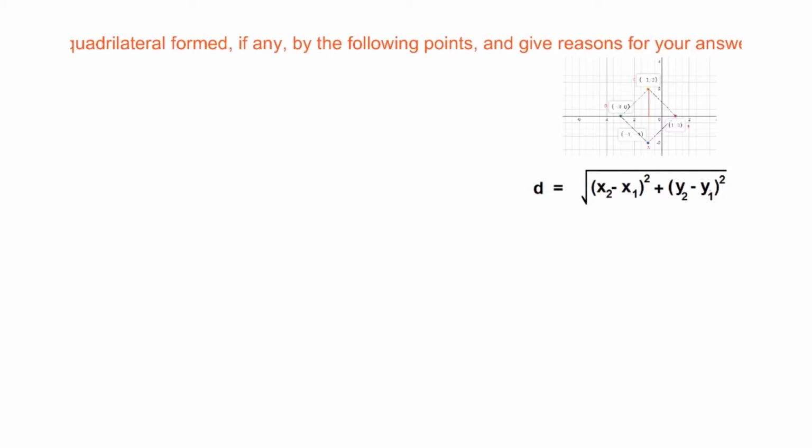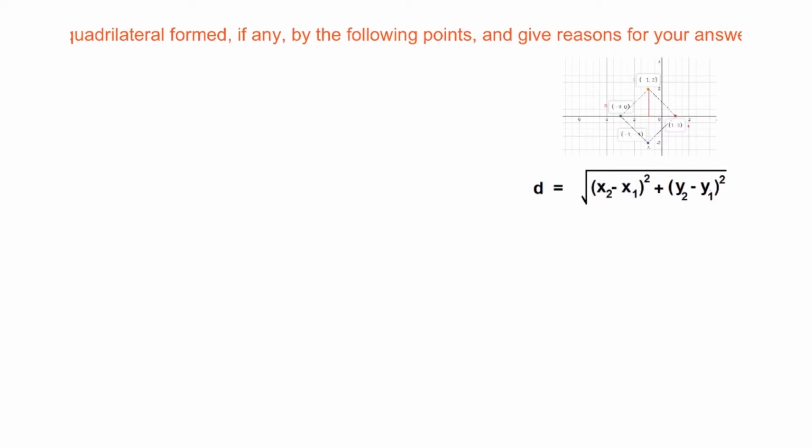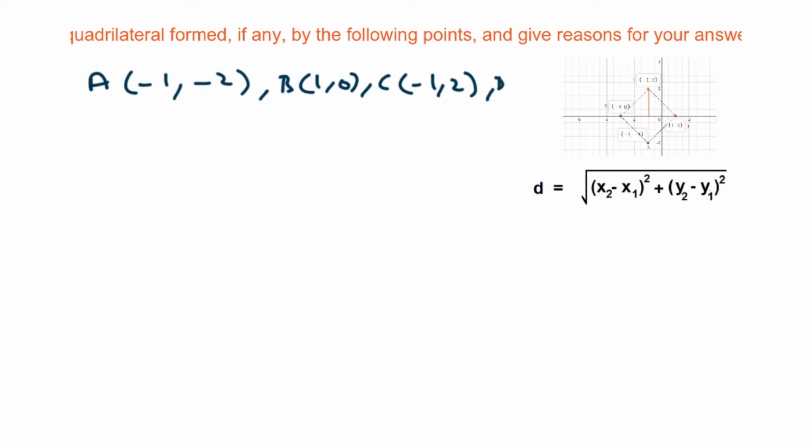Let us say that this is point A. A is -1, -2. B is 1, 0. C is -1, 2. And D is -3, 0. So first we have to find AB. This is x1, y1, x2, y2.